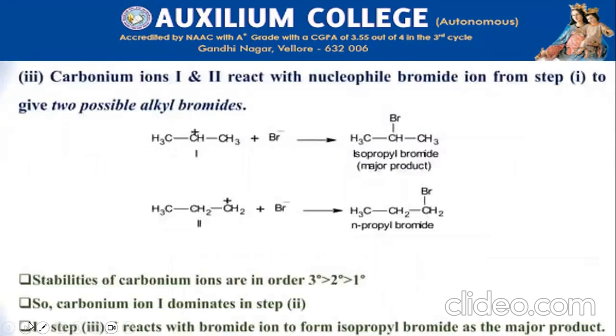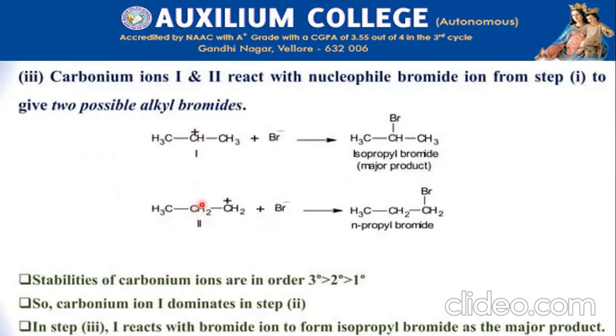The carbonium ions 1 and 2 react with the nucleophilic bromide ion from step 1 to give two possible alkyl bromides. The secondary carbonium ion can be added to the negative part of the reagent, Br minus, forming isopropyl bromide, which is the major product.